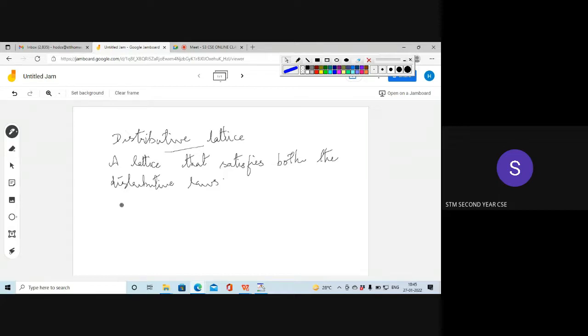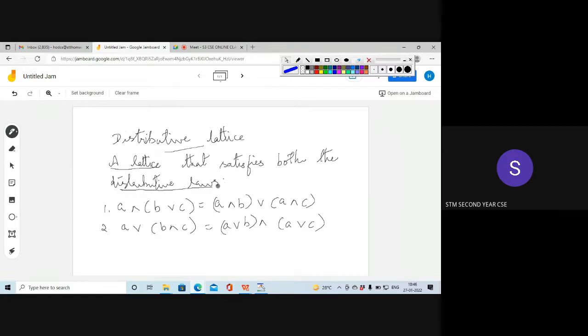That is A and (B or C) is equal to (A and B) or (A and C). This is the first distributive law. You have two distributive laws, isn't it? The second one, the dual of this, is A or (B and C) is equal to (A or B) and (A or C). So these are the two distributive laws, and a lattice that satisfies both these distributive laws is called a distributive lattice.